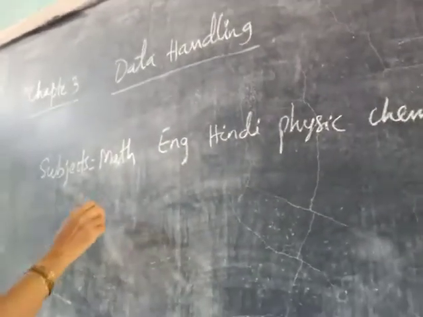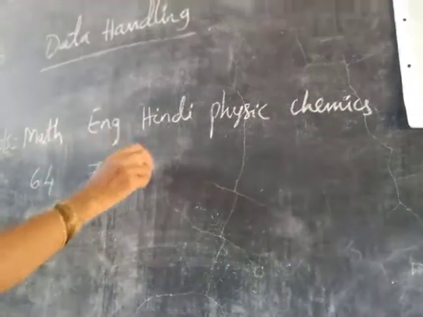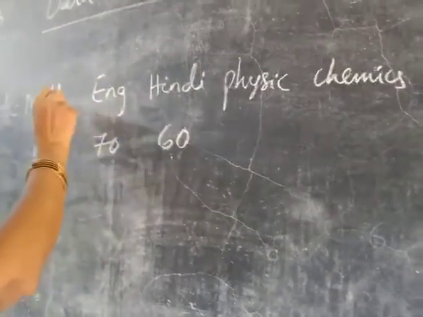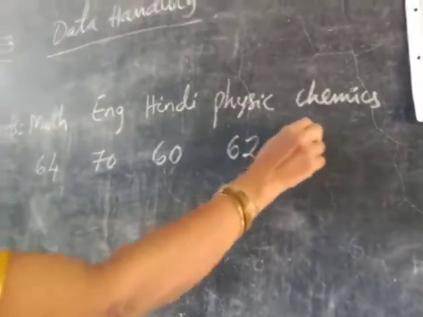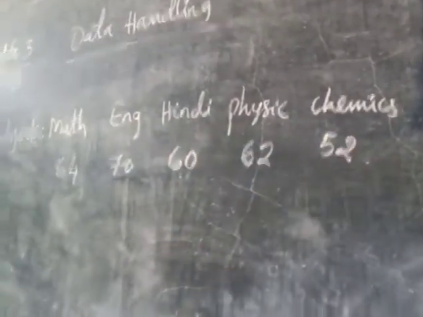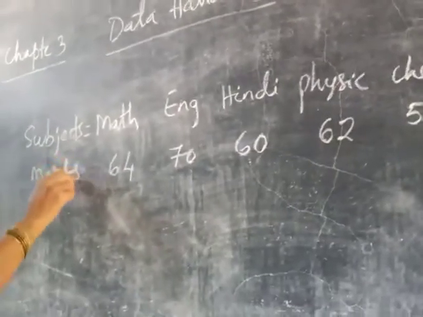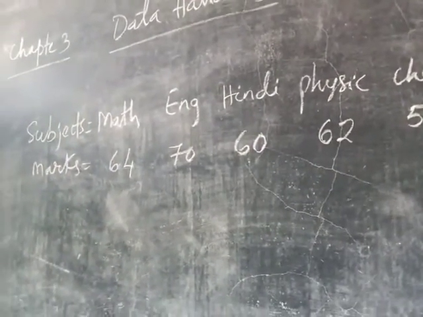The secured marks are: in Hindi 60, English 70, mathematics 64, physics 62, and chemistry 52. These are the marks. So, it is a table.